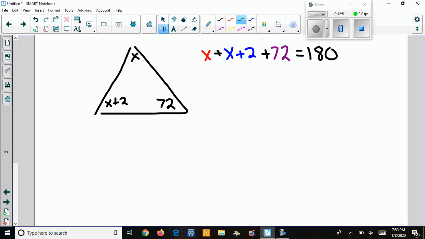And I need to start step one with combining like terms. And I have a couple here. I see I have an x and an x. And if I add those together, they become 2x. And I also have these two constant numbers that I can add together to get 74.